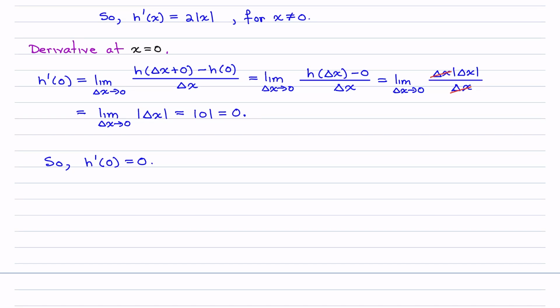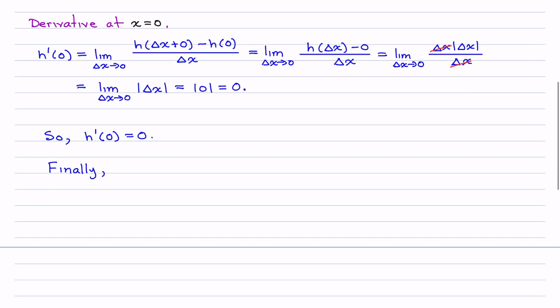And finally, if we wanted, we can rewrite. Now you can say h prime of x is equal to 2 times the absolute value of x for all x. For all real numbers x.